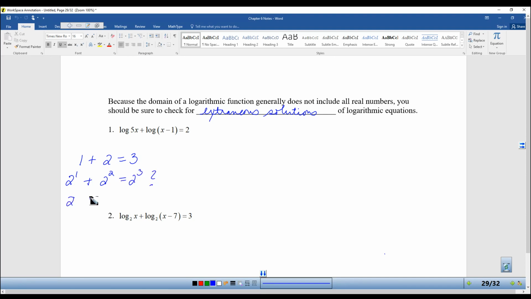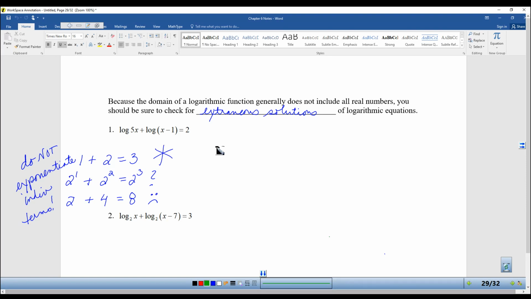No. This would be 2 plus 4 is equal to 8? Definitely not. Okay? So do not exponentiate individual terms. Okay? Very, very common mistake. I'm always trying to point out the common mistakes.